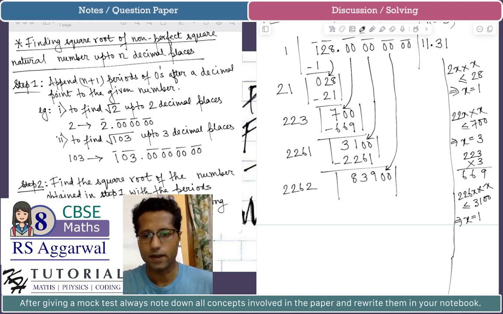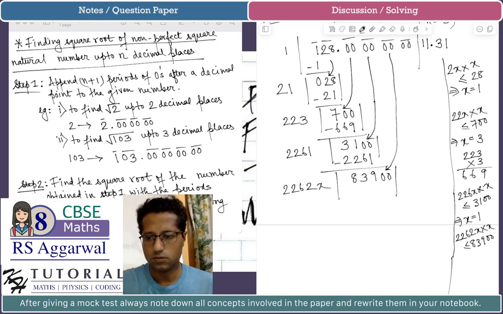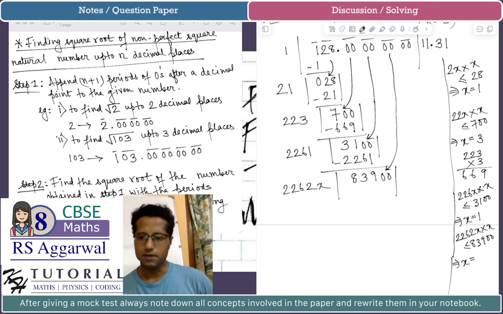Now again we have to find x such that 2262x multiplied by x is less than or equal to 83900. So what can x be? Can x be 4? No, x cannot be 4. x will be 3. So it has to be 3.